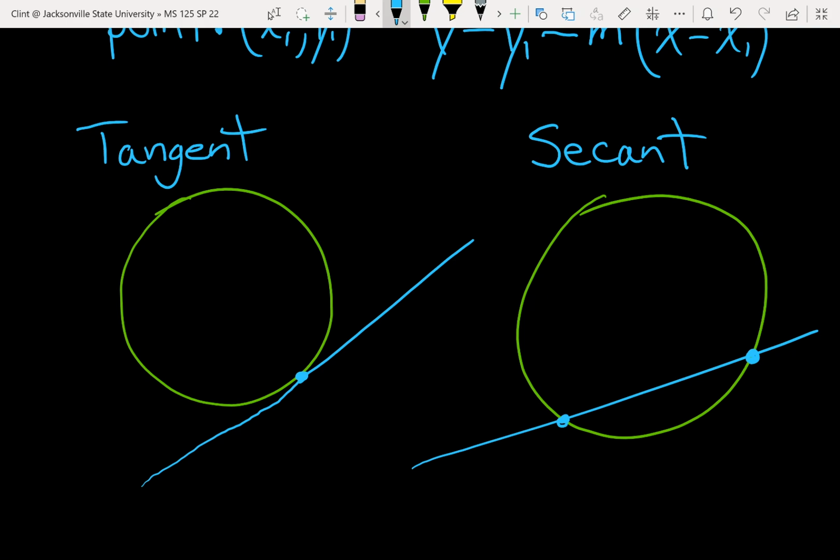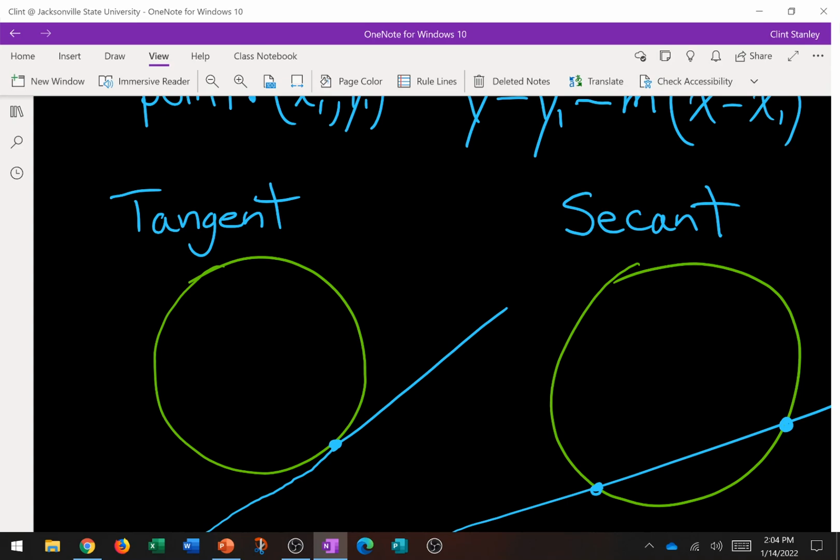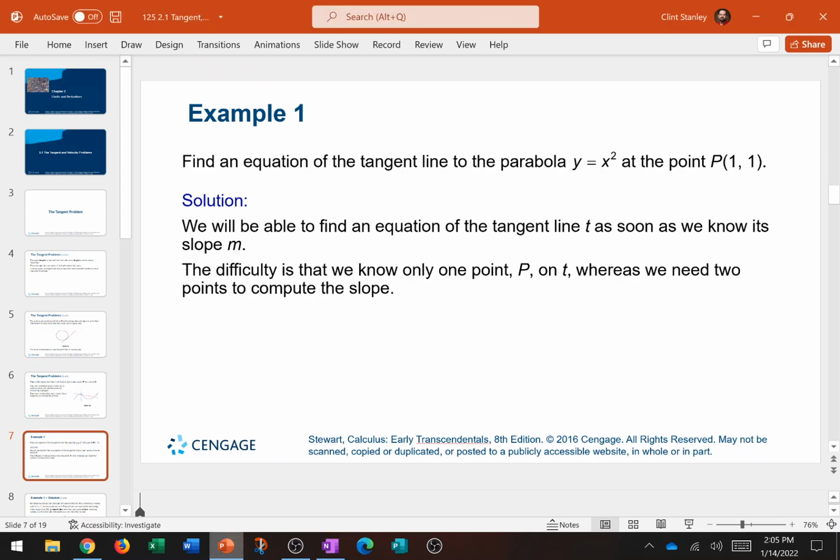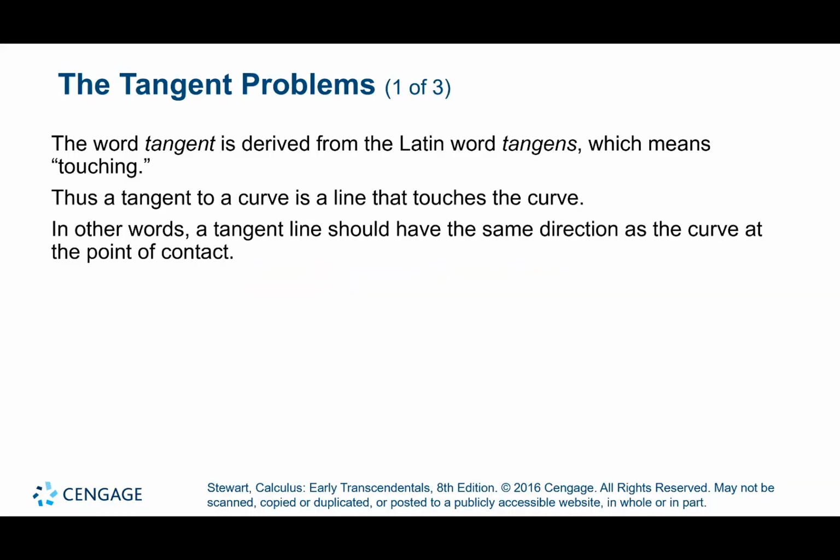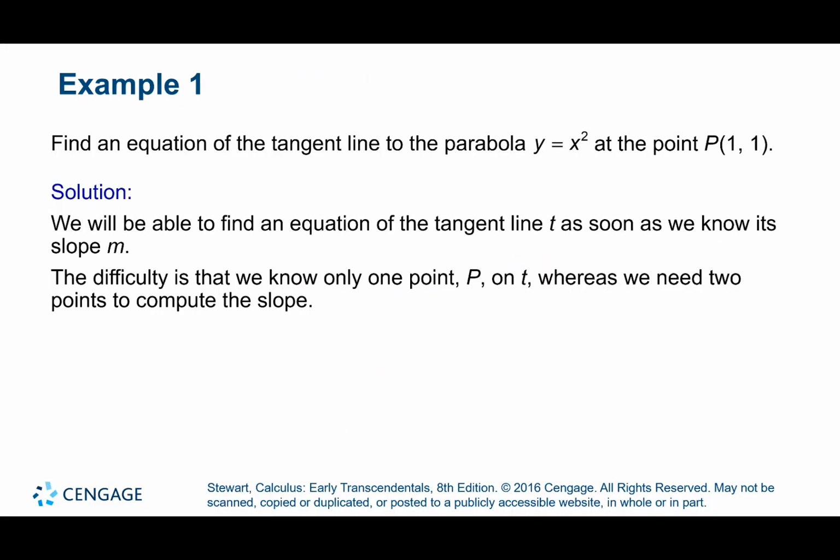So let's look at why finding this slope gives us trouble. Trying to find the slope of the tangent line to the graph y equals x squared at the point (1, 1). Okay, we know how to find slope.